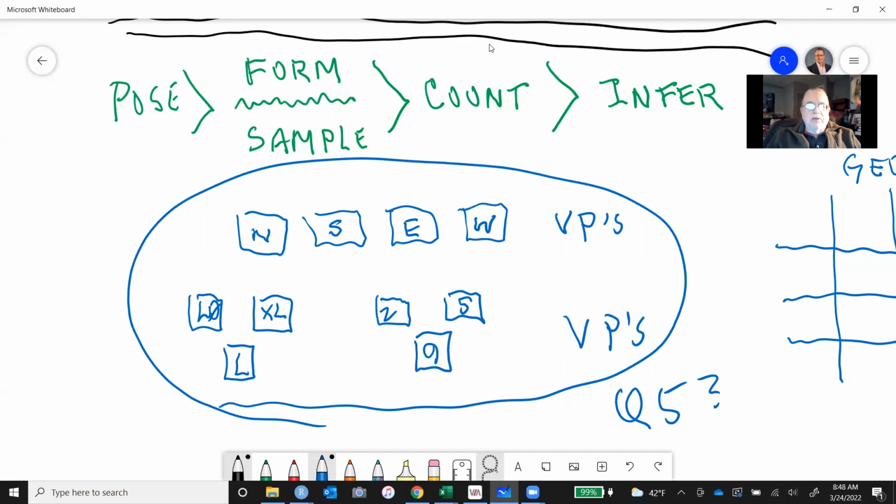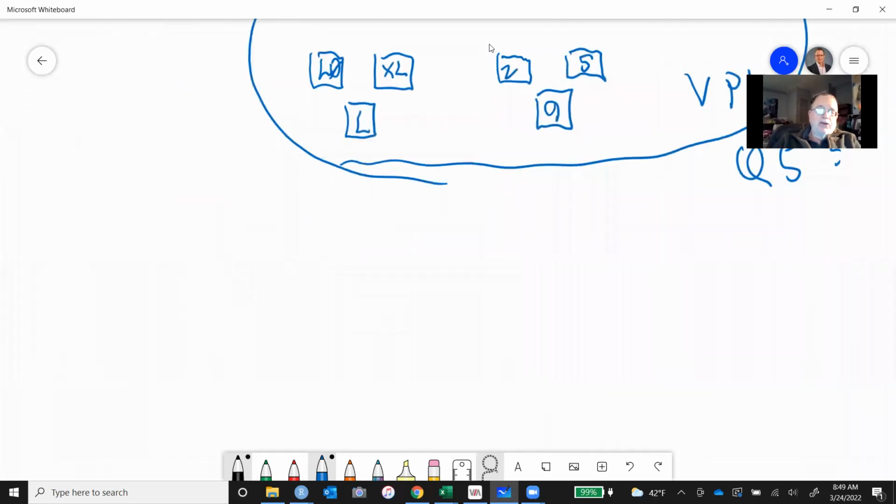We will form hypotheses, but we're going to look at data first. What kind of data do we need to answer this simple posed question of what is the forecast for Q5? And the headers in the data will look like this.